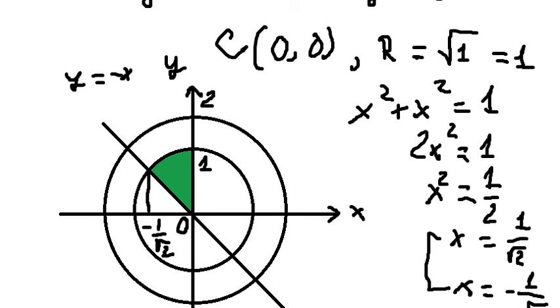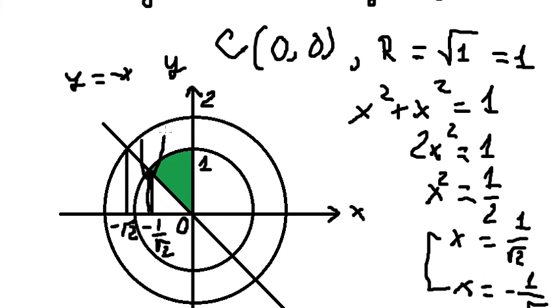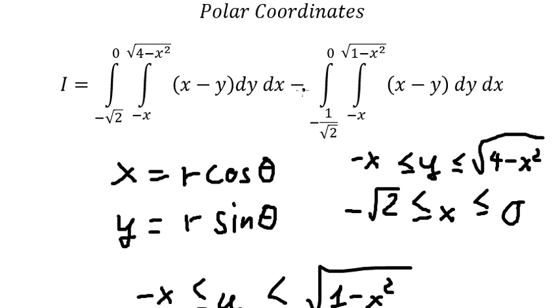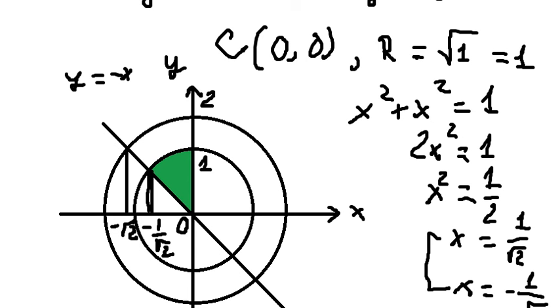So negative the square root of 2 is here. So they want to find y greater than negative x and smaller than the square root of 4 minus x squared. That is this one, but they just subtract the region in here. So they want to find this red region in here.